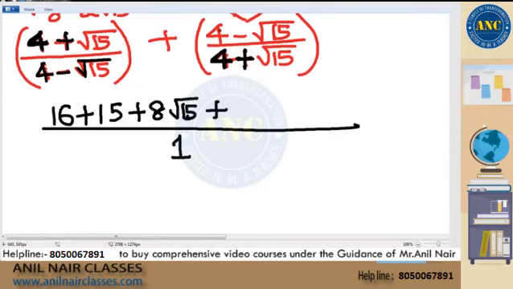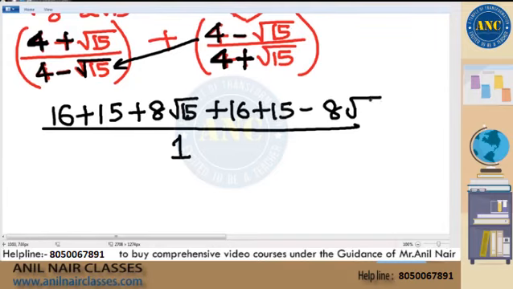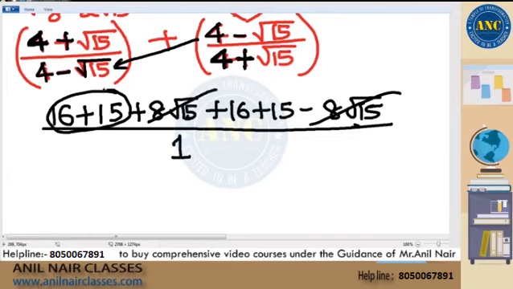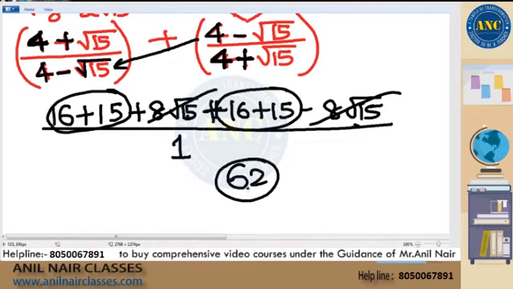Similarly, here it is 4 minus root 15 into 4 minus root 15 when I cross multiplied. (a minus b) whole square: a square plus b square minus 2ab. This 8 root 15 minus 8 root 15 cancels. 16 plus 15 is 31. 31 plus 31 is 62. 62 by 1 is 62.